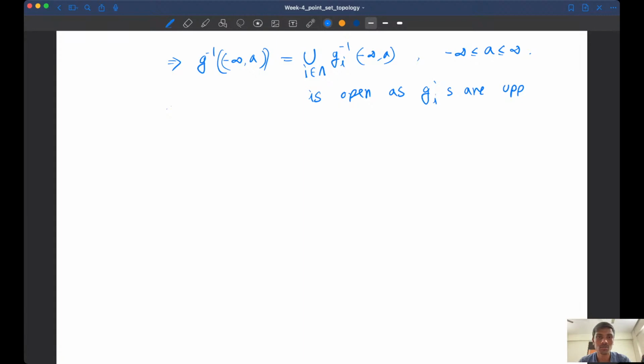So this is a union of open sets, hence open. This implies g is upper semi-continuous.